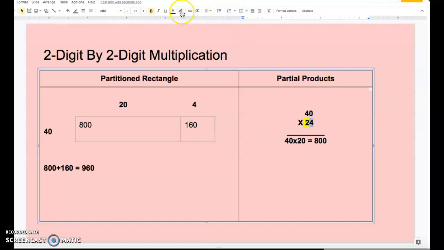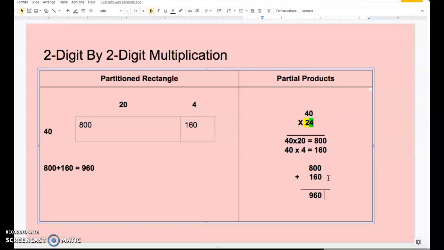So the second step I need to make sure I'm following is now multiplying, what's 40 times 4? 40 times 4, as we said, is 160. So my two parts here I have are 800 and 160. And as we said, we know 800 plus 160 is going to get us our total answer of 960. This is how we solve with partitioning a rectangle and partial products.